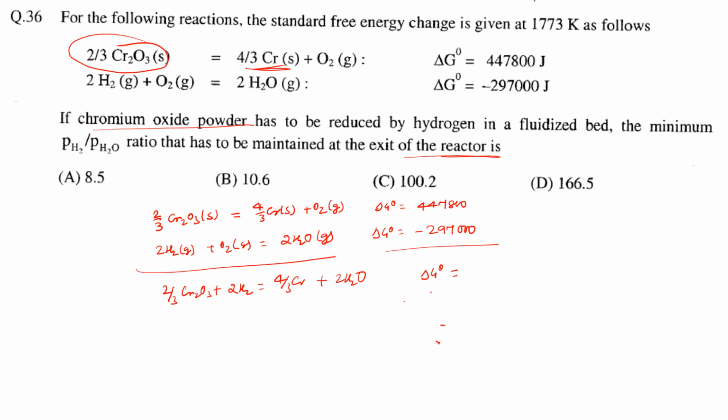Delta G naught will be equal to, let us sum this, it will be 150,800.